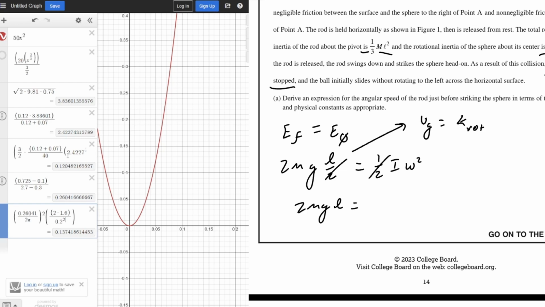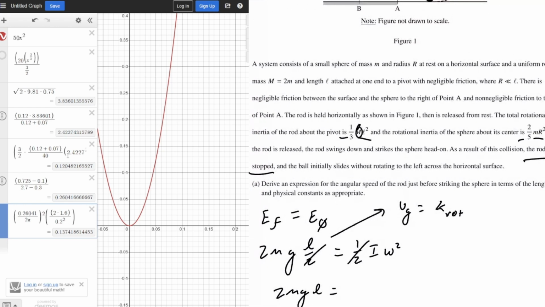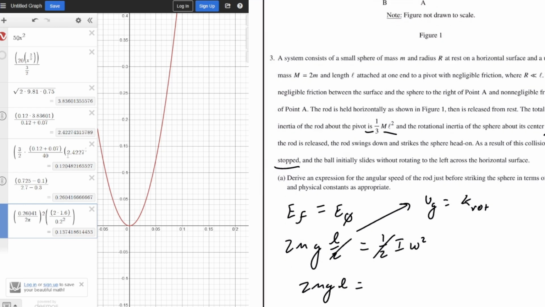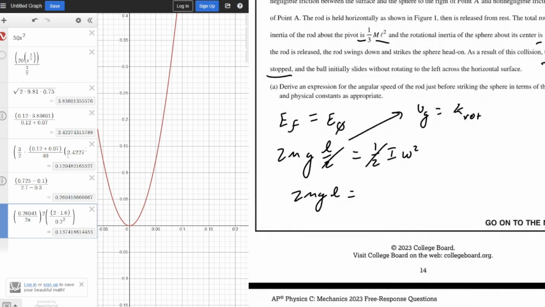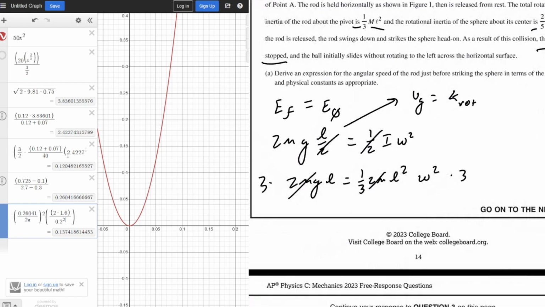2mgL equals, and the moment of inertia of the rod about the pivot is 1/3 big M L squared. So earlier I subbed in big M for 2m here, right? I'm going to do the same thing with the moment of inertia, 1/3 2m L squared ω squared. I see 2m on both sides. Cancel, cancel. I'm going to multiply by 3 on both sides in order to simplify the expression.